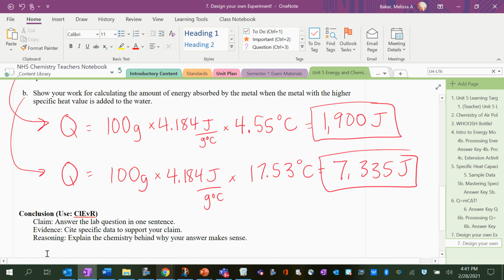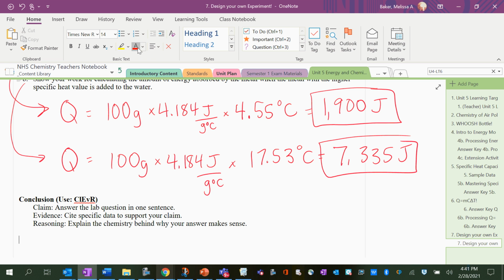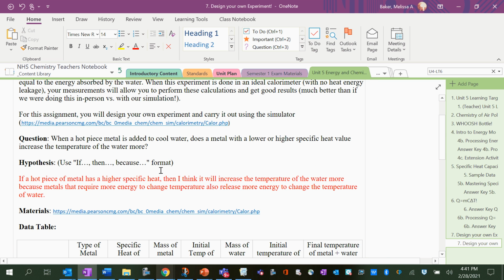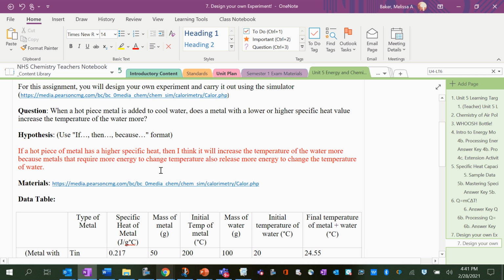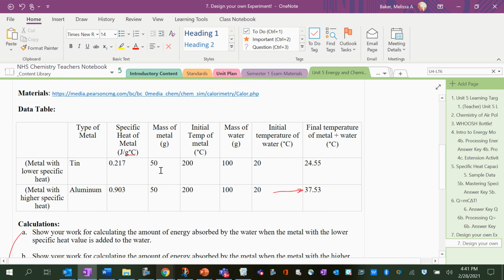So now I'm going to write my conclusion. So first, answer the lab question in a sentence. When a hot piece of metal is added to cold water, does a metal with a lower or higher specific heat value increase the temperature of water more?